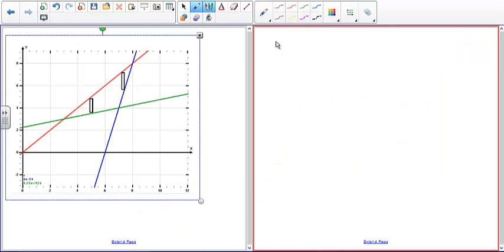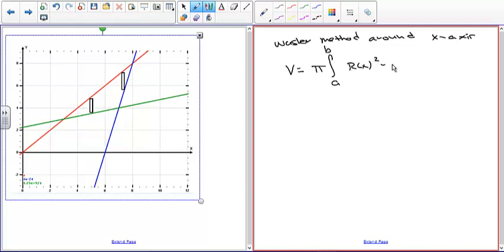So if we do the washer method around the x-axis, the volume equals pi times the integral from a to b of big R of x squared minus little r of x squared times dx.